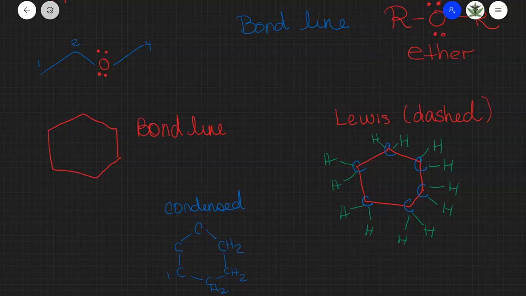But we don't show the bonds from the carbons to the hydrogens. We do show them from carbon to carbon, but not from the carbon to the hydrogens like you see in the Lewis structures.